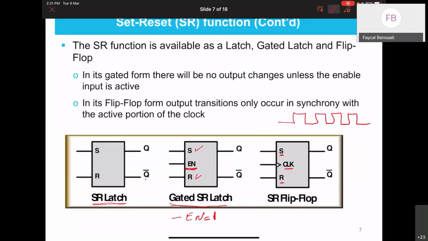So if enable is 1, then Q and Q bar will be updated according to S and R. If enable is 0, then there is no change. If Q was 0, it stays 0 until enable changes to 1. So there will be no change on the output. Is this clear?